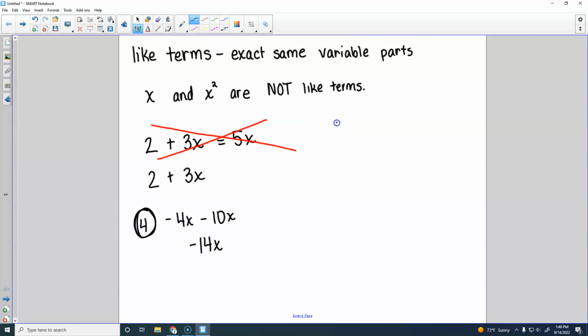A coefficient is the number being multiplied by the variable.